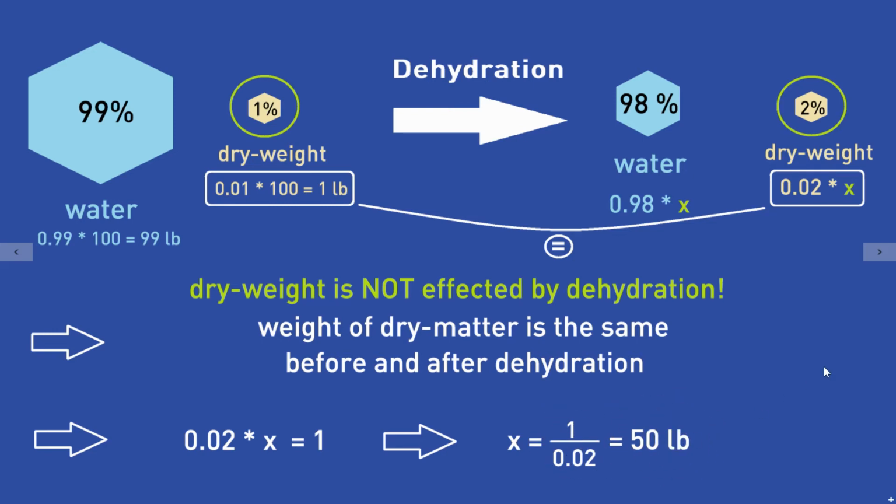And this here is the true solution. So the new mass, or the new weight of the potatoes, is 50 pounds. So you see, it's not that difficult at all to solve this problem and find the new weight x.